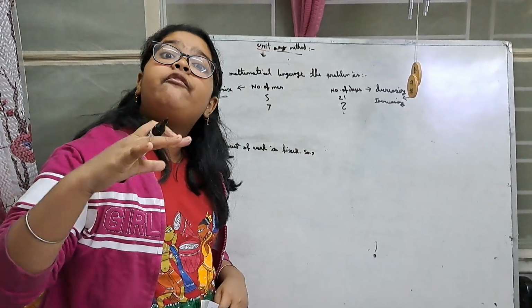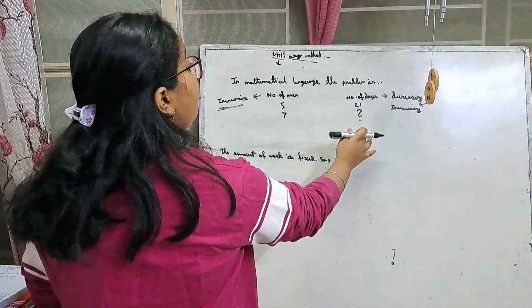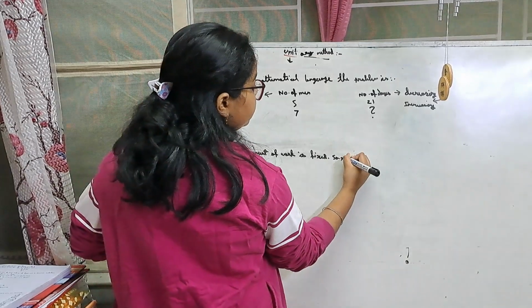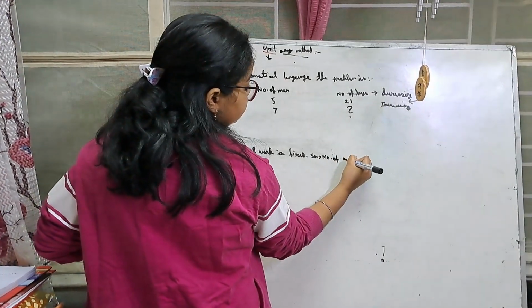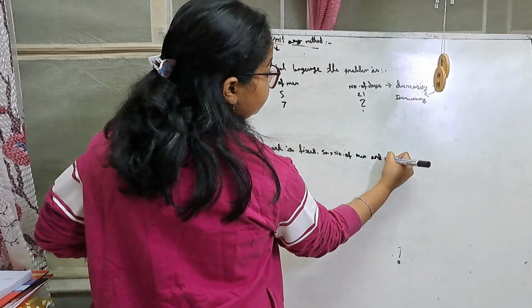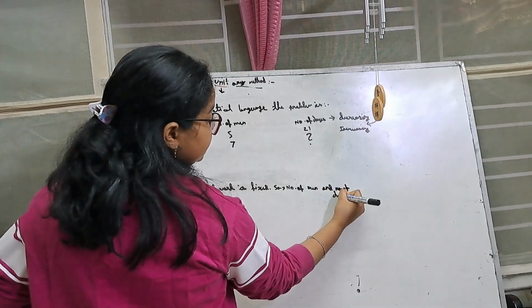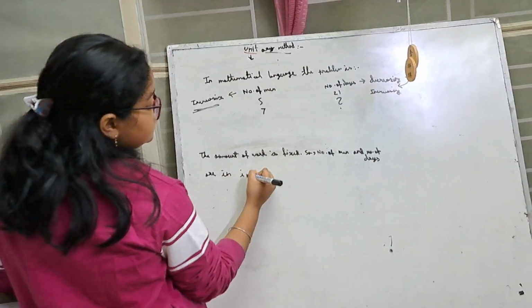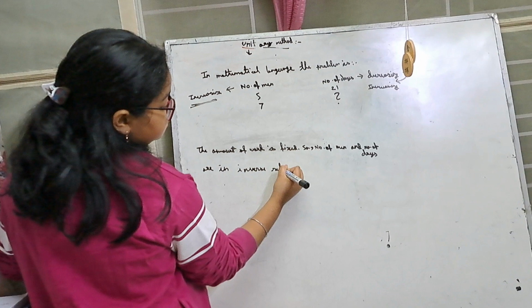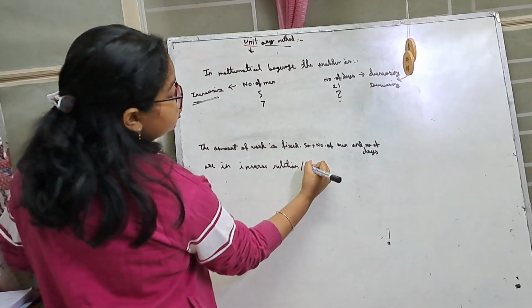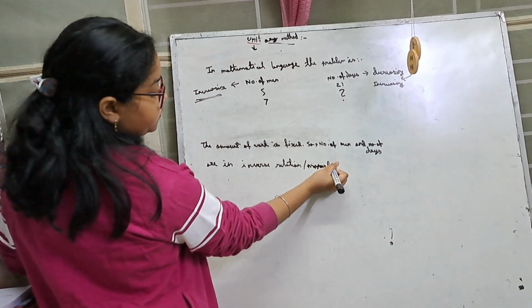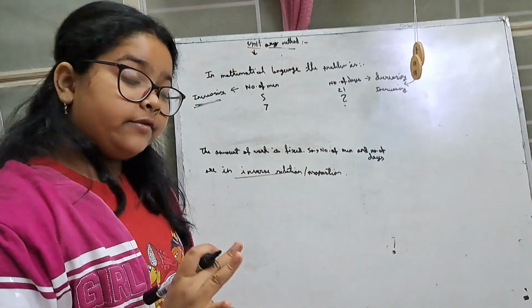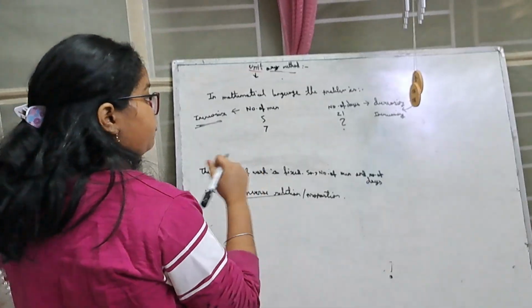So if the number of men increases, the number of days decreases, since the amount of work is fixed. So the number of men and the number of days are in inverse relation, or inverse proportion. So now we have to deal with the problem.